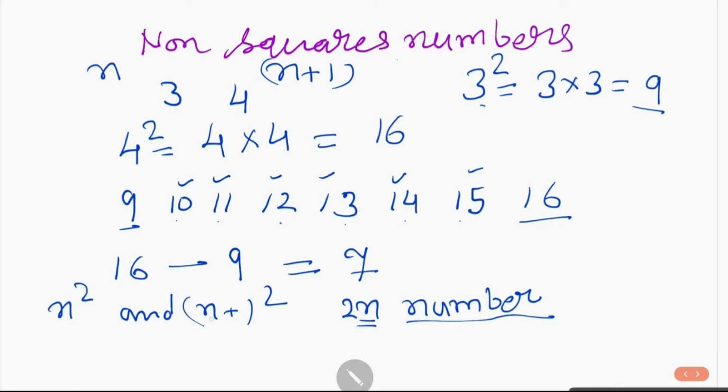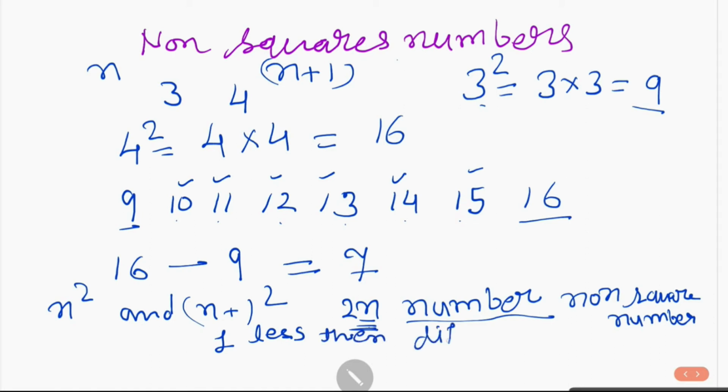So between n square and n plus 1 square, there are 2n non-square numbers, and this is always one less than the difference of the two squares.